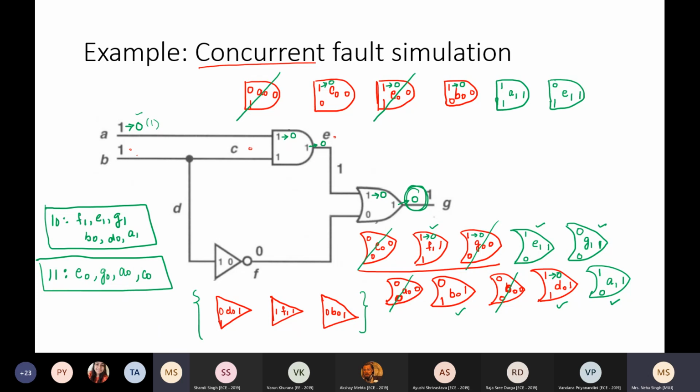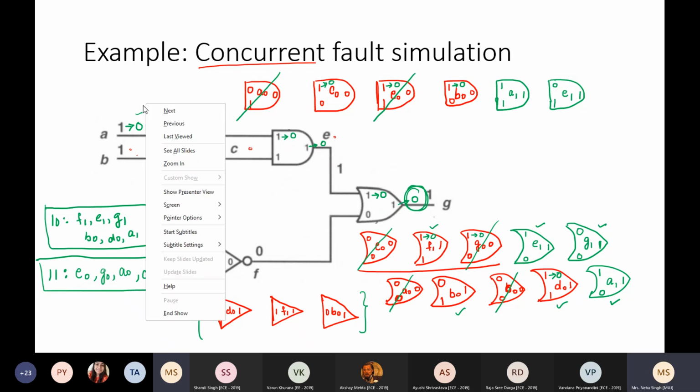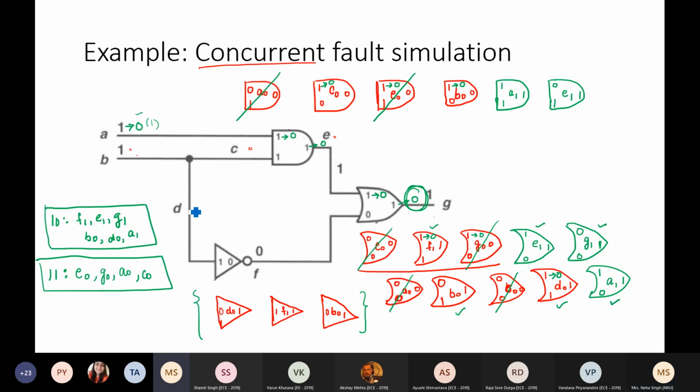Okay? In the next pass, if an event occurs again on line A, then the AND gate and OR gate will be analyzed. But in the third case, if the event occurs on the B part, and 1 goes to 0, it means I will have a change seen here, and also a change seen at this NOT gate, so 0 goes to 1.